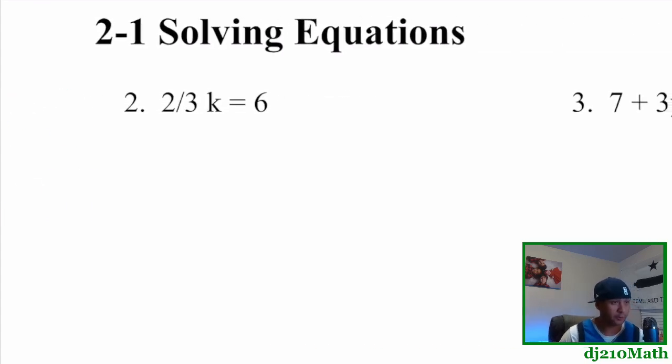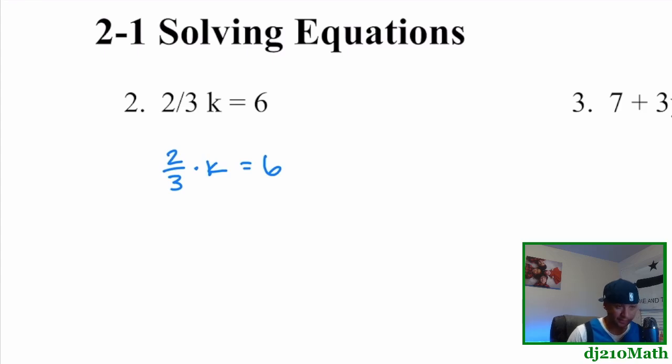Number 2, 2/3 k equals 6. All right, so this is typed kind of funny. So understand that this is what it's saying. 2/3 k equals 6. So anytime you have multiplication, what you're going to do is use division, right, to undo multiplication.